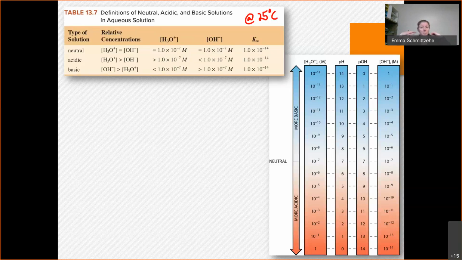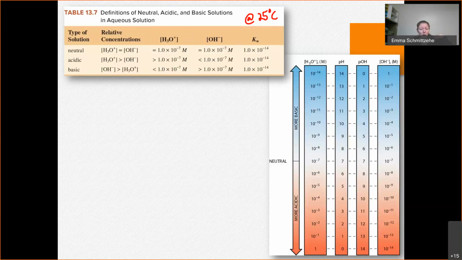And so that's a very basic solution. You have a lot of hydroxide and not very much hydronium. Whereas at the other end of the scale, if you had a pH of 0, you have about a 1 molar solution of hydronium, but you only have about 10 to the negative 14th molar of hydroxide.